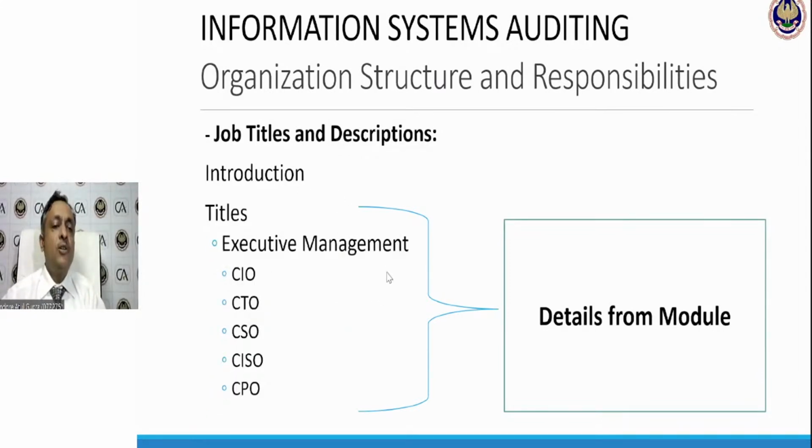Within executive management, you can have chief information officer, chief technology officer, chief security officer, chief information security officer, chief privacy officer. Details from module. Let us see. So I'll just take one.